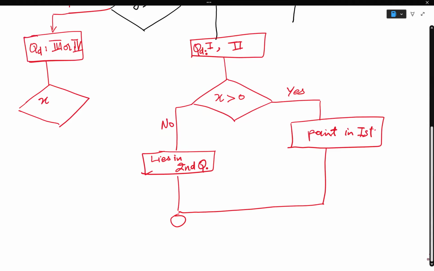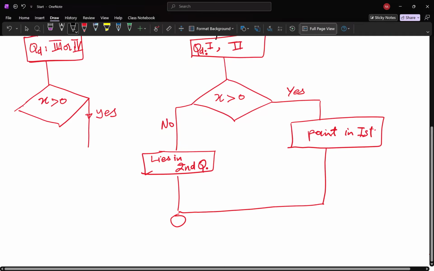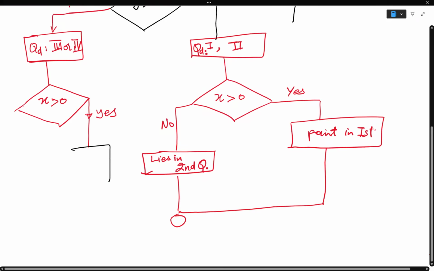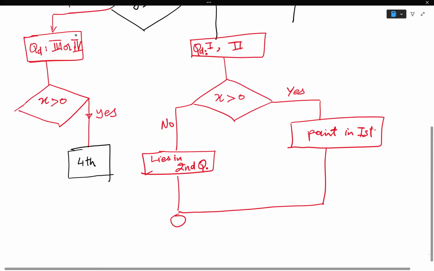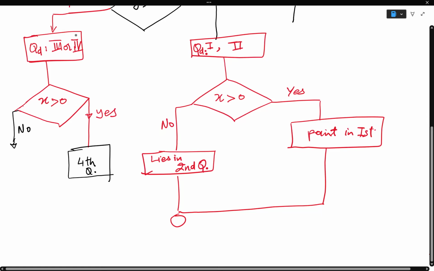If x is greater than 0, and y is negative already, the answer is the fourth quadrant.